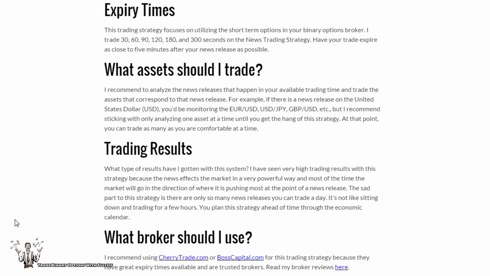Now maybe a lot of people are going to be asking, what assets should I trade? I recommend to stick to the common pairs like I mentioned before. So if a news release happens on the USD, you're going to be looking for pairs that have the US dollar in it. And basically anything goes for that. So if you have a JPY news release, you're going to be looking for pairs that have JPY.